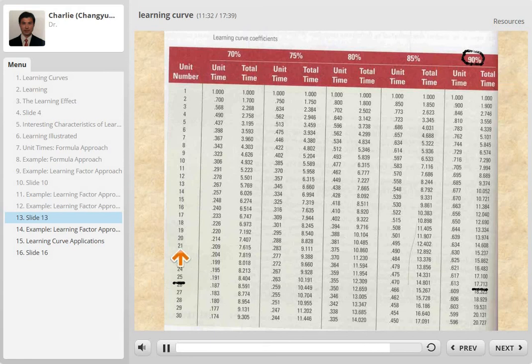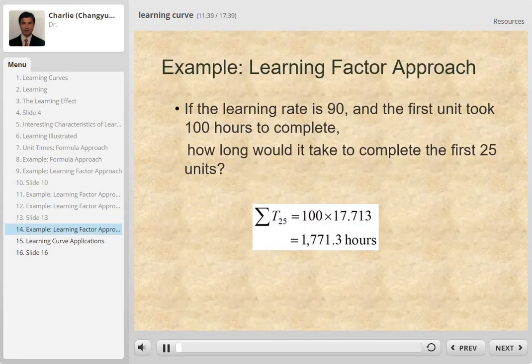Then we find a number that is 17.713. We're going to use this number as the factor we need from the table.